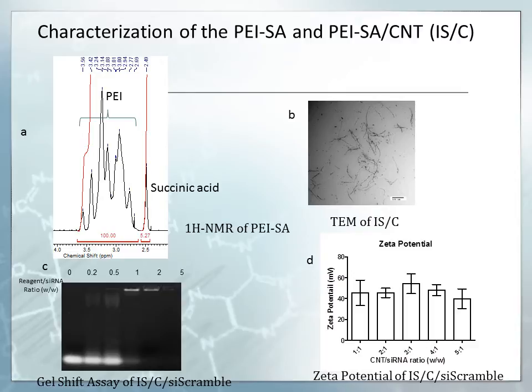The TEM is better, as you can see the nanotubes are singly dispersed. It condenses the siRNA according to the gel shift assay, and you can see the zeta potential of the PEI succinic anhydride nanotube, what we call ISC. Well, they are relatively stable.